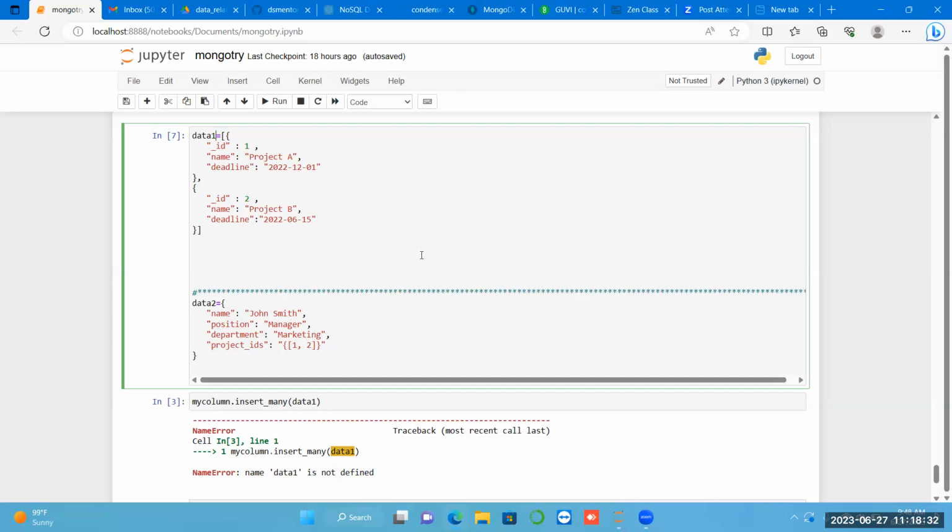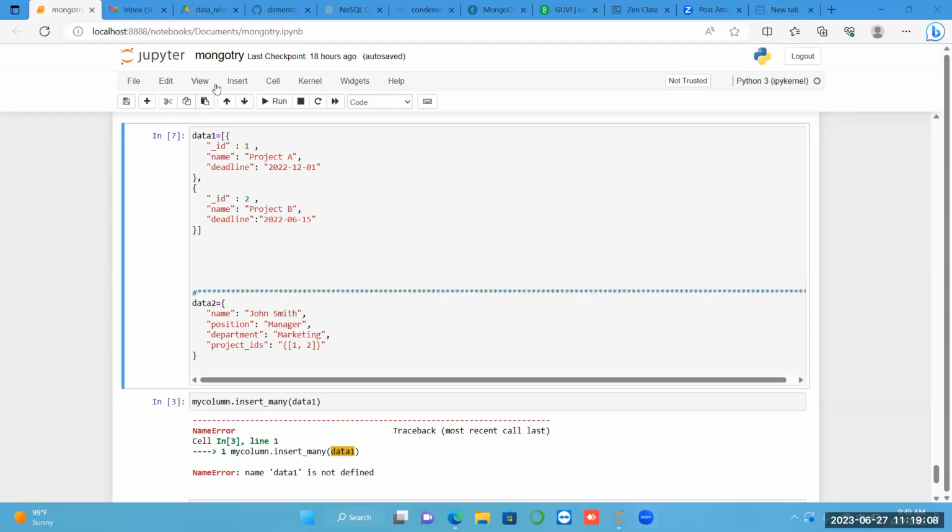It's opening the Jupyter notebook I have launched. Just a minute, guys. Where I have the file, MongoDB session, MongoDB.